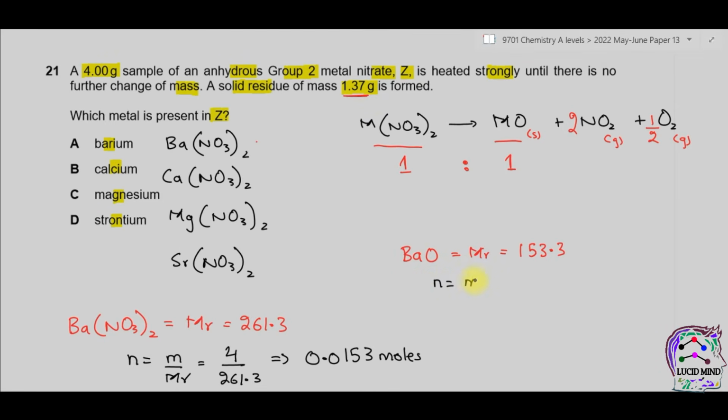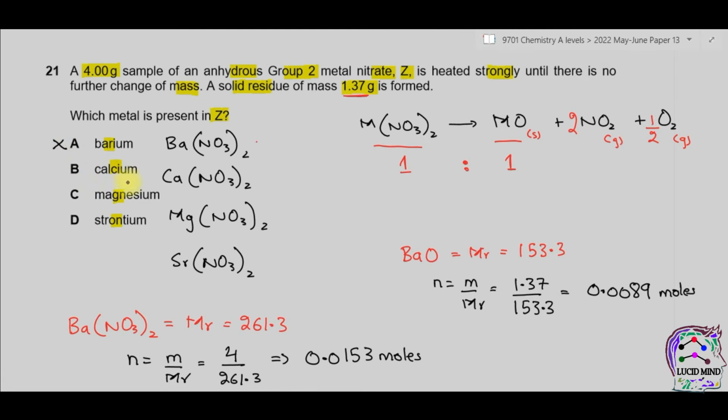Moles equals mass divided by Mr. 1.37 grams divided by 153.3. So number of moles of barium oxide comes equal to 0.0089 moles. According to the balanced equation, the number of moles should be the same as it is 1:1, but we have different moles, 0.0089 and 0.0153. So A is wrong.